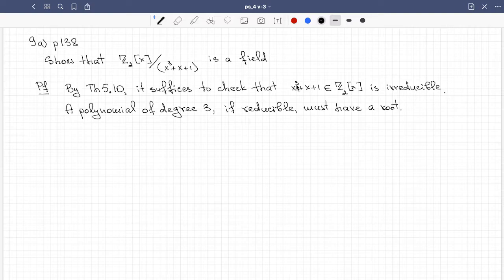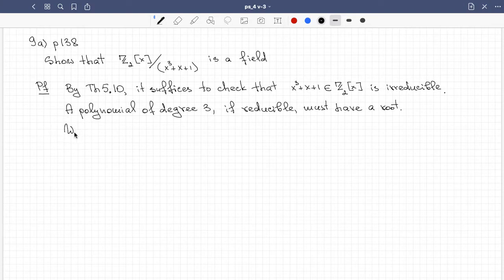Thus, if a factor is of degree 1, that factor has a root. All polynomials of degree 1 have their roots. Thus, we're left to check that the polynomial has no roots.